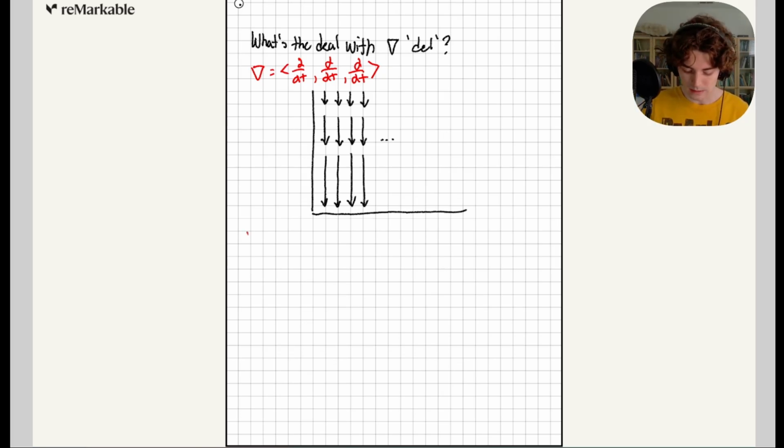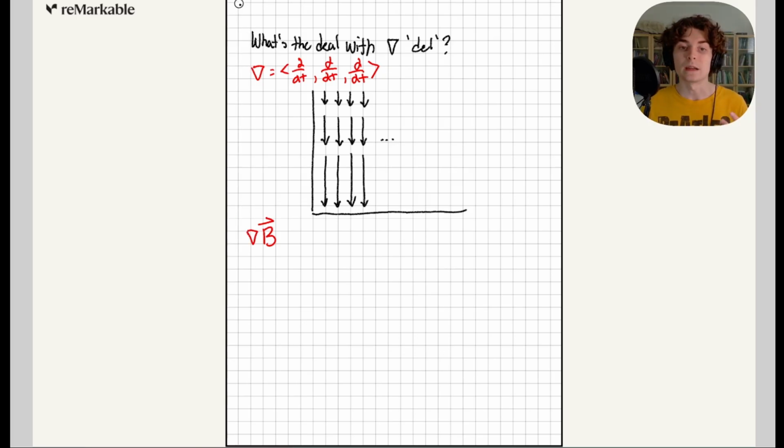So if I take del of a vector field B, that is a new vector field that describes the rate of change of B. It tells you where B is most changing.